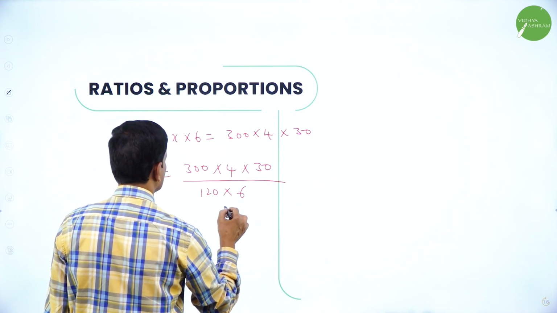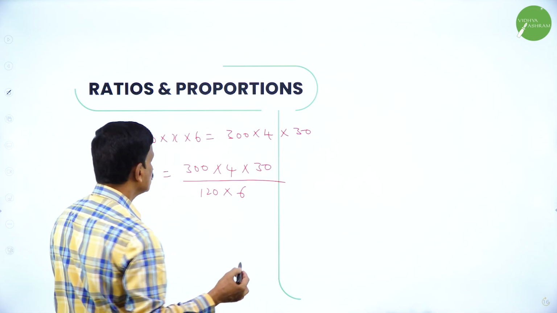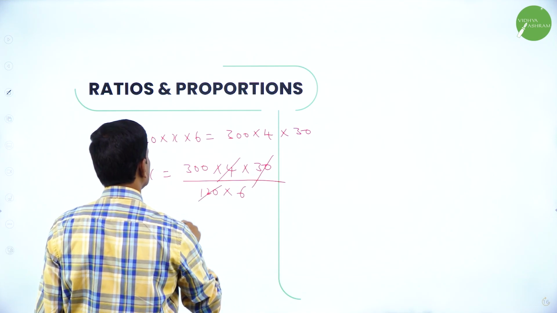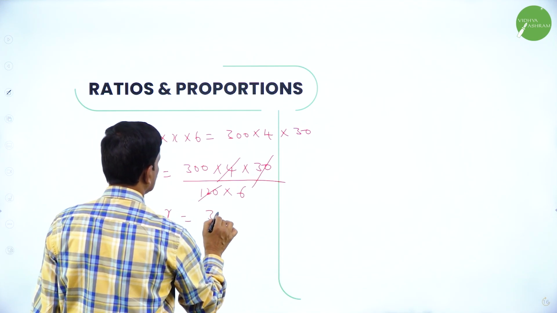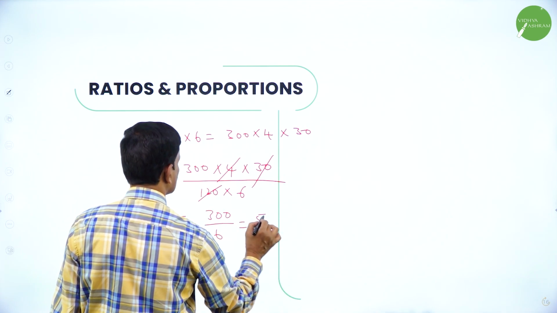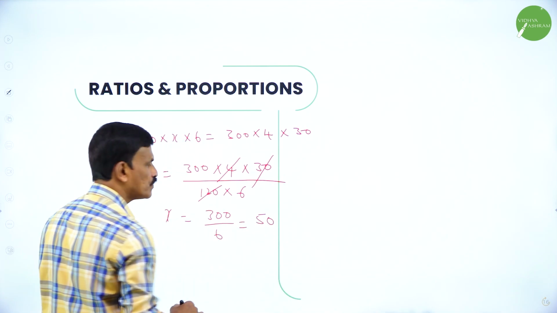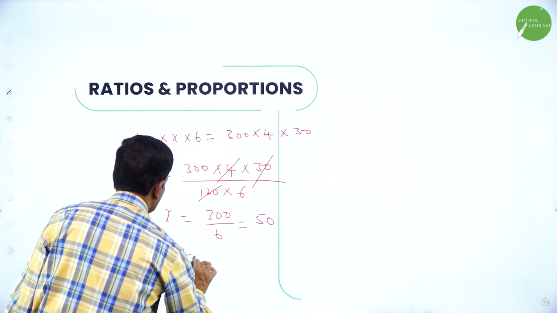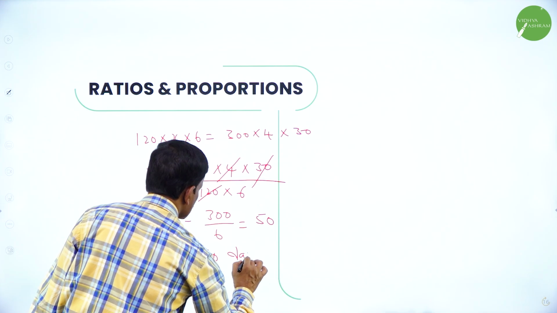Divide it, you will get the answer. Yes, 4 3s are 12, 120 gets cancelled. x is equal to 300 divided by 6, that's equal to 50. 5 6s are 30. So 50, that's it. Therefore x is equal to 50 days.